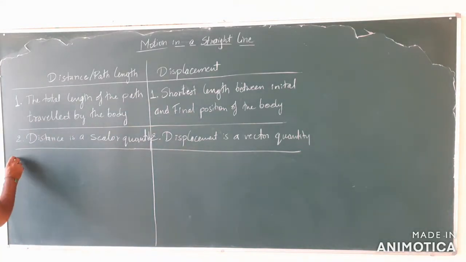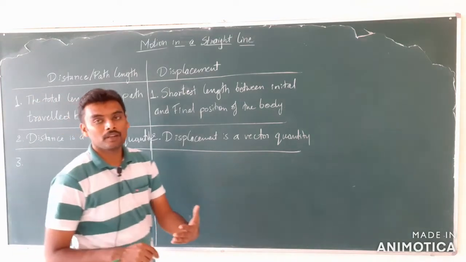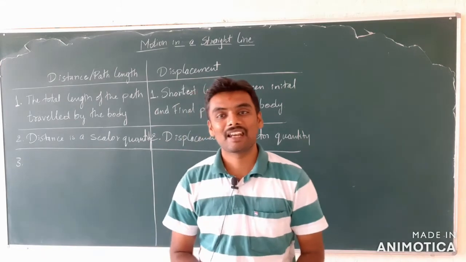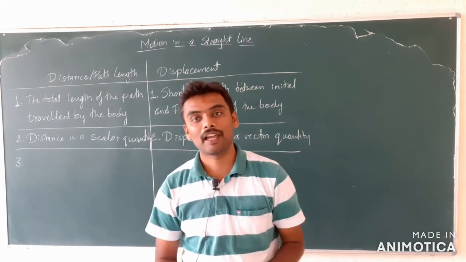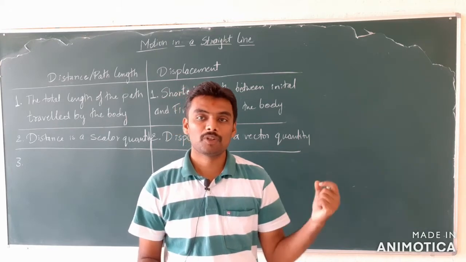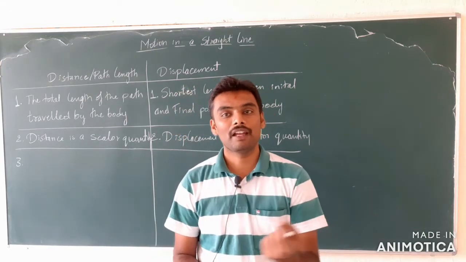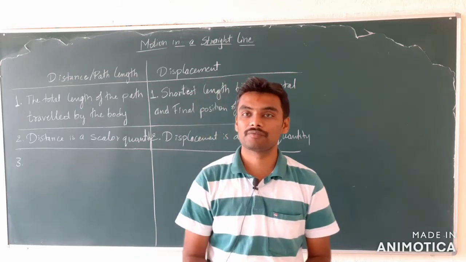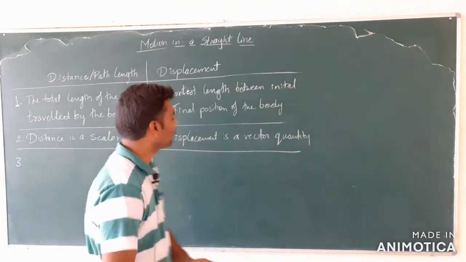Now, what about the third? The third difference is, see, once the motion has happened, distance can never be 0, but displacement can be 0, right? Similarly, displacement can be both positive and negative, but distance is always positive, right? We have discussed about it.